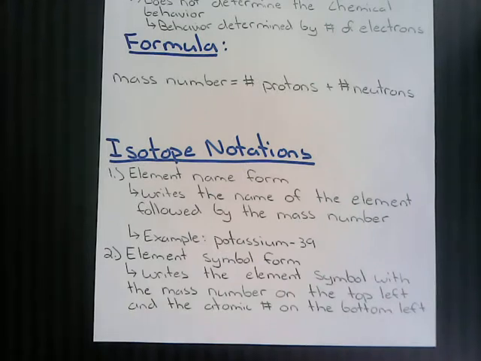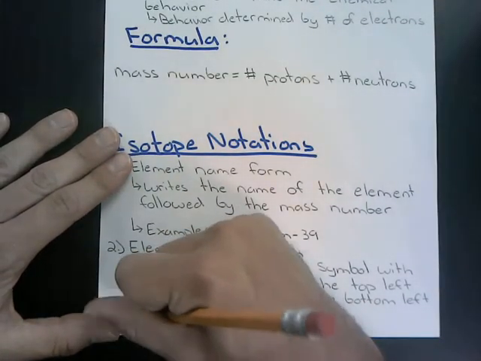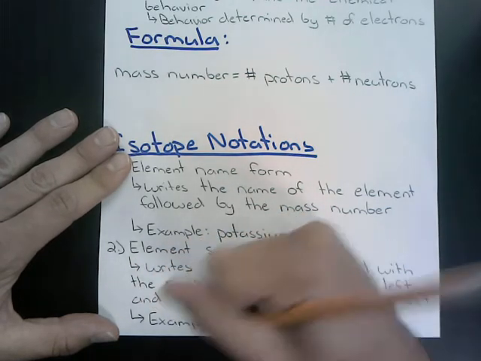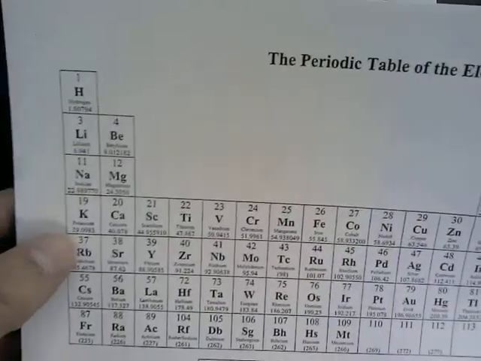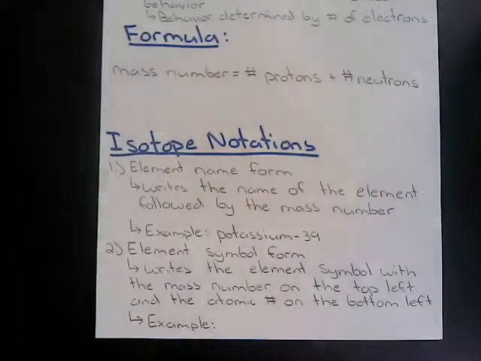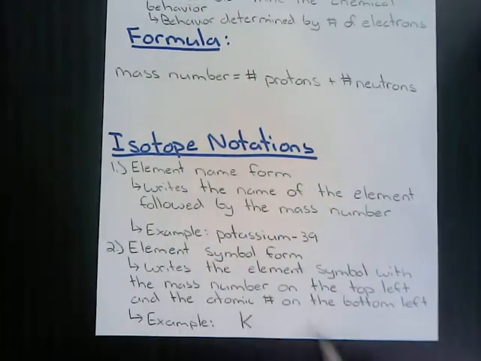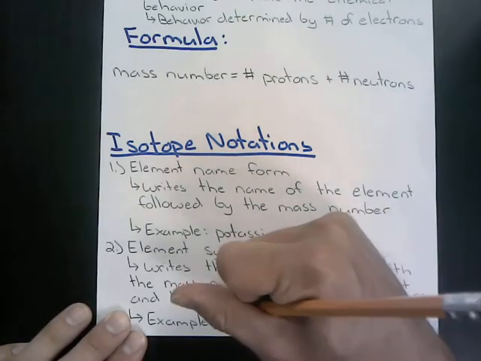If we're sticking with that same example of potassium 39, how we would write it in this element symbol form is we would first look up the symbol of potassium on the periodic table that I've given you. The symbol for potassium is just a capital K. Make sure you leave a little room, because on the top left you put the mass number, which, if we're dealing with potassium 39, is 39.